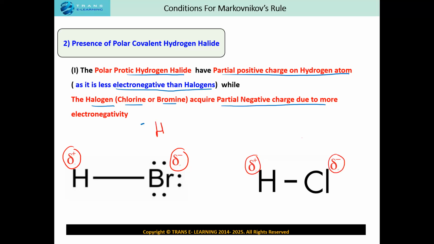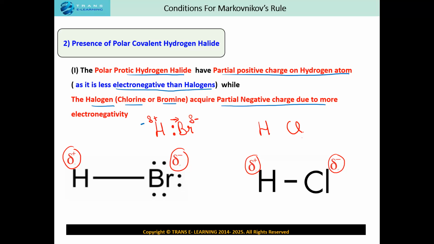So if we consider the polar covalent bond between hydrogen and bromine and between hydrogen and chlorine, here the shared pair of electrons will not be equally distributed. It will be drifted towards the bromine because bromine is more electronegative than the hydrogen atom. So the bromine will acquire a partial negative charge and the hydrogen will acquire a partial positive charge.